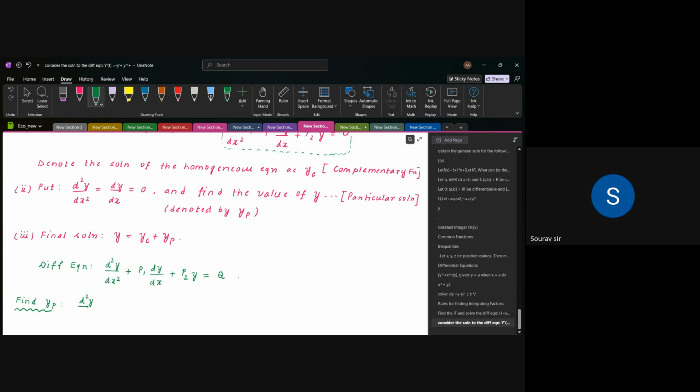I need to put all the derivatives as 0 in the differential equation. Correct? So if all the derivatives are 0, what do I get? p2y equals q. That means my particular solution yp will be q upon p2.